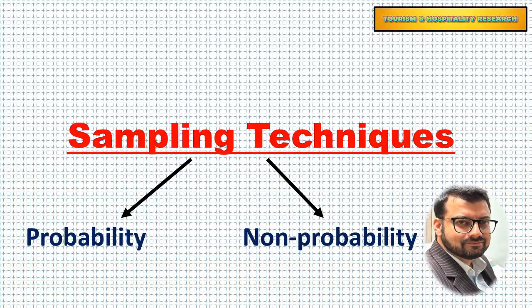Today's session of Tourism and Hospitality Research, we will be discussing an important concept in research, which is sampling techniques. So what are sampling techniques? Here in this picture you can see I have bifurcated the sampling techniques into two, the first being probability and the second being non-probability.